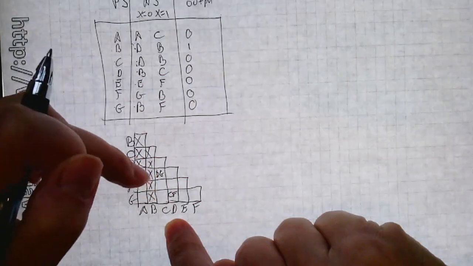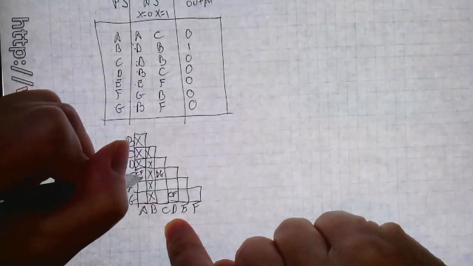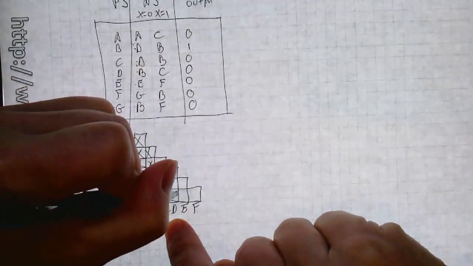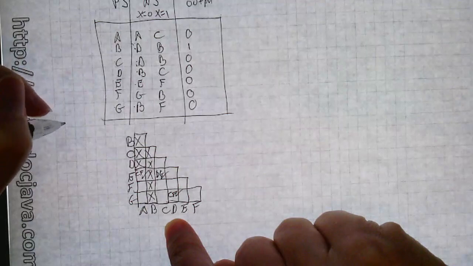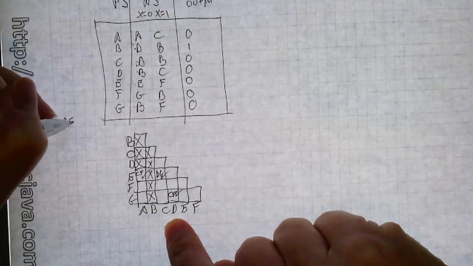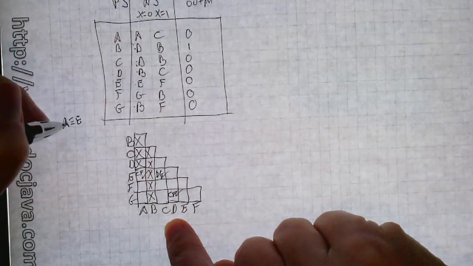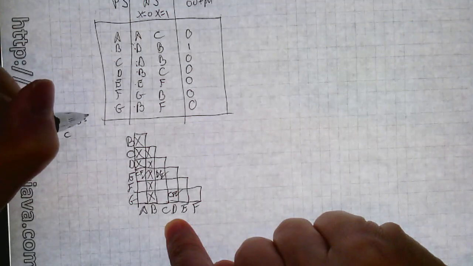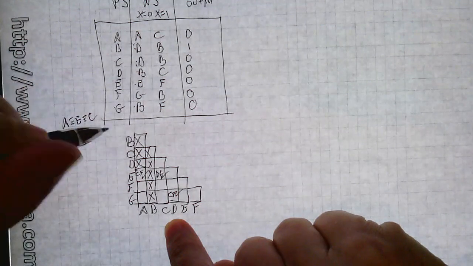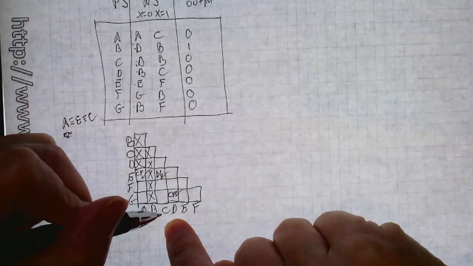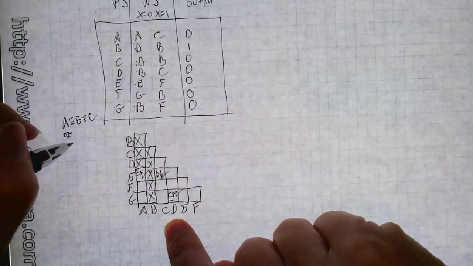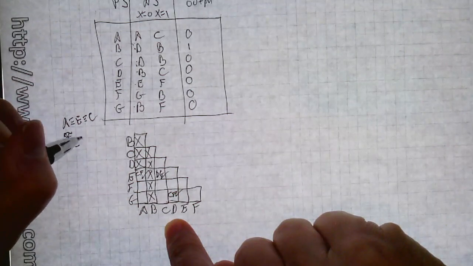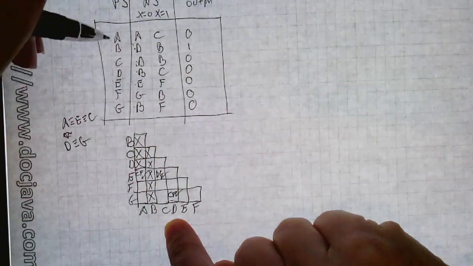These are all circular with respect to one another, so I make them out to be equivalent. And so now I have A is equivalent to E, C is equivalent to E, so I can raise that up in here, and D is equivalent to G. So that's kind of cool.